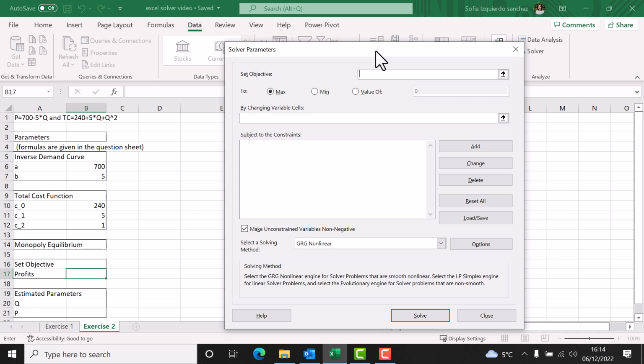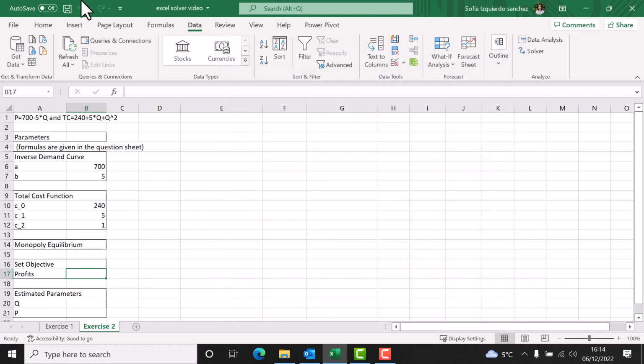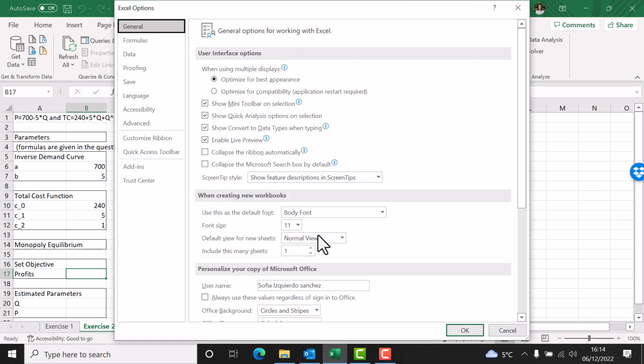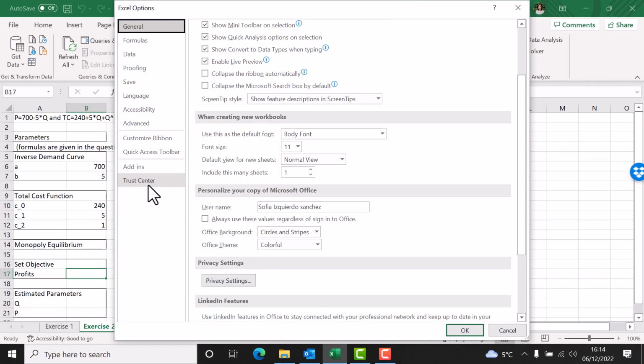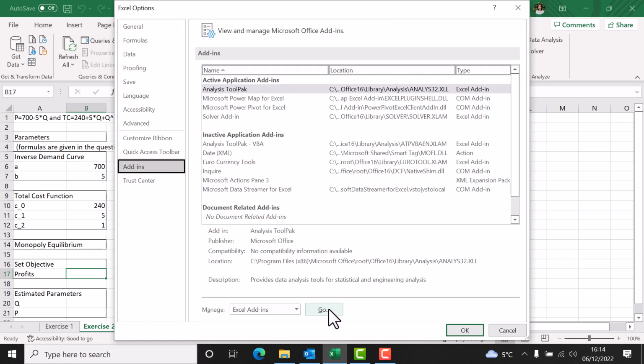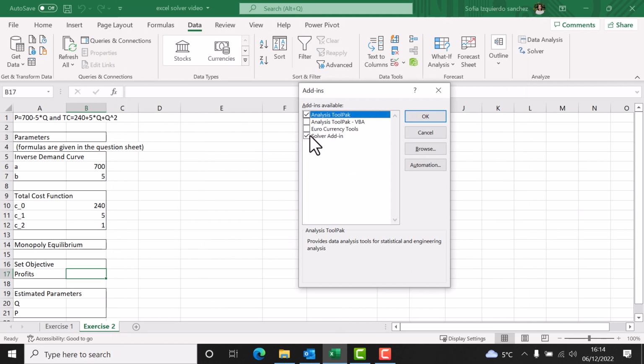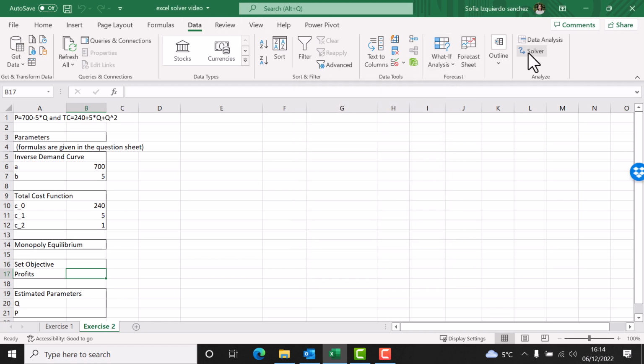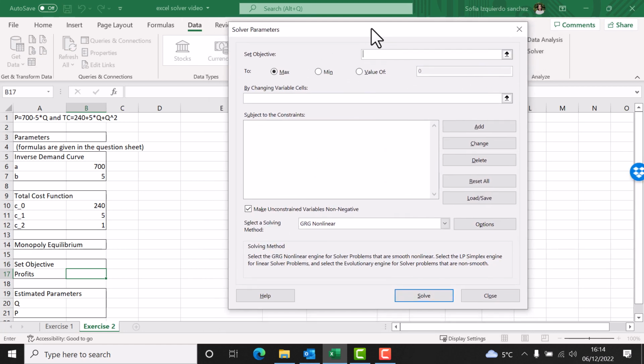Let me also show you this actually. So if you go to File, and you go to Options, you go to Add-ins in the left-hand corner, and then Excel Add-ins, and here I already have it installed, but you just click Solver Add-in, okay, and then it will show in your Data tab.